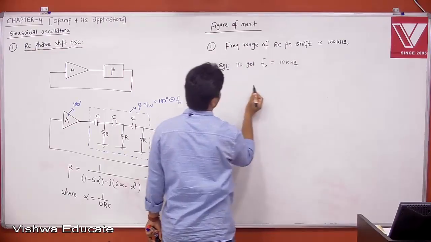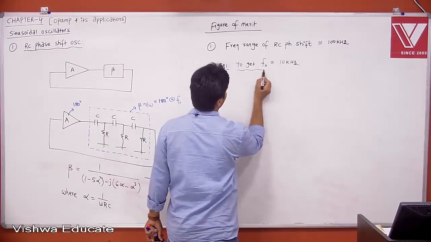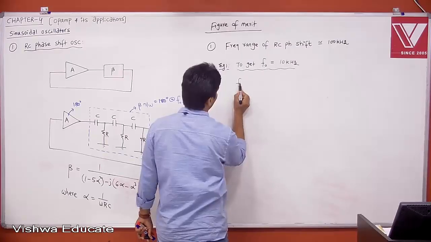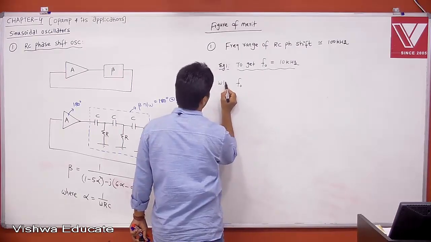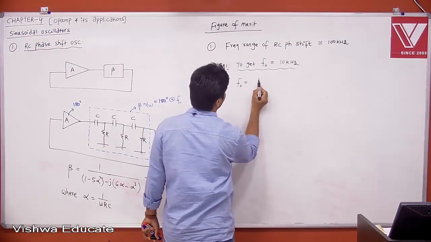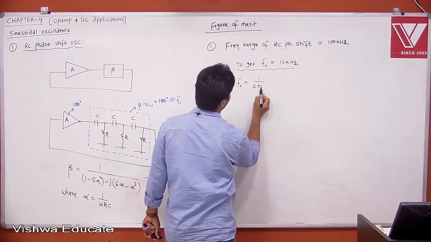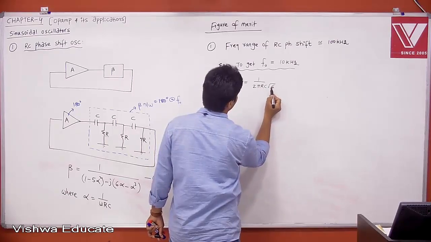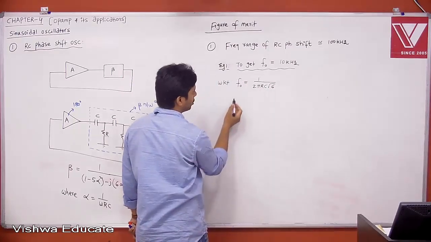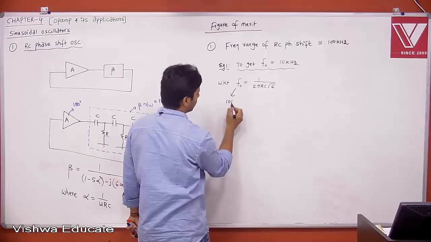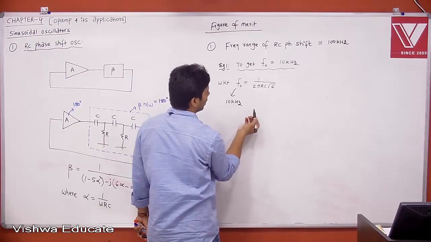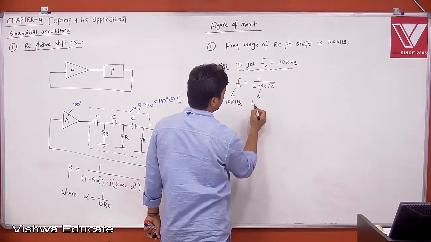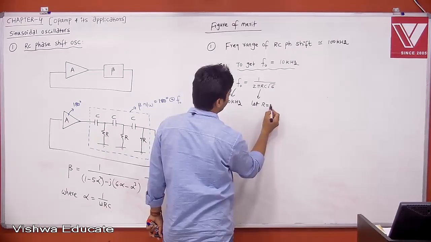What do you do? We know that F naught is equal to 1 by 2 pi RC into root 6. Substitute F naught equal to 10 kilohertz. Then take R equal to 1 kilo ohm.